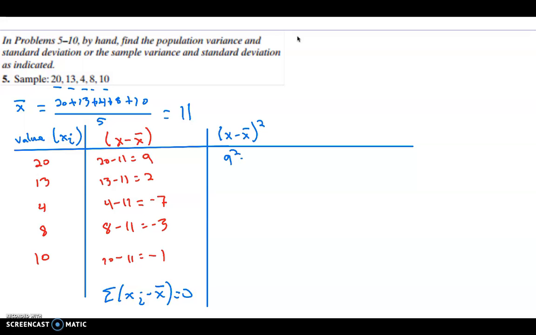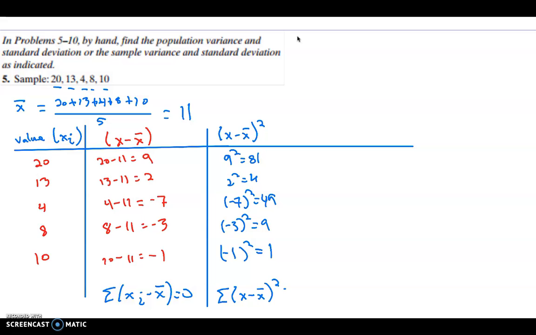So you'll have 9 squared, which is 81, 2 squared, which is 4, negative 7 squared, which is 49. Sorry, I know handwriting's bad, but this just becomes tedious. Negative 3 squared is 9, negative 1 squared is 1. So when I add up the sum of the deviations squared, that is equal to 144.